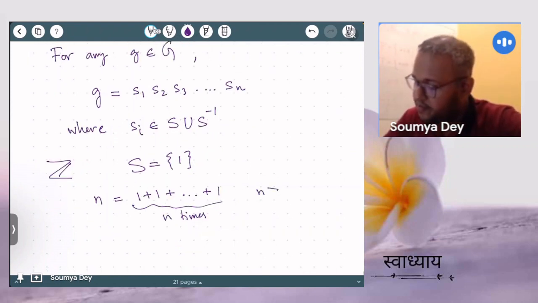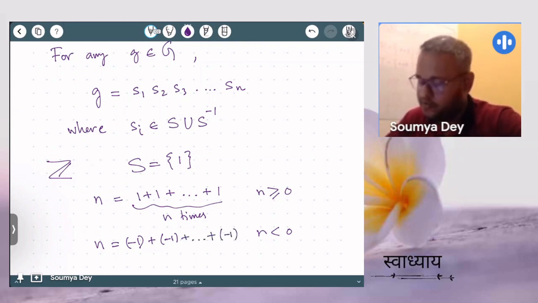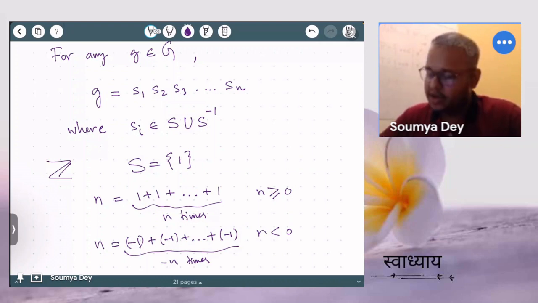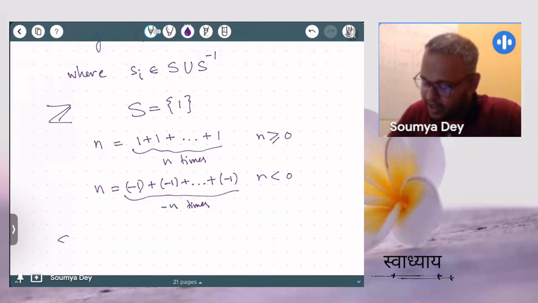If n is less than 0, you can write n equal to -1 plus -1 and so on. So the inverse of 1, you can add a sufficient number of times, namely -n times. You can write any element of Z as a sum of 1s or -1s. Clear? But there are more examples. This S is not unique. You can have some other S. You can take S to be {2, 3} also.